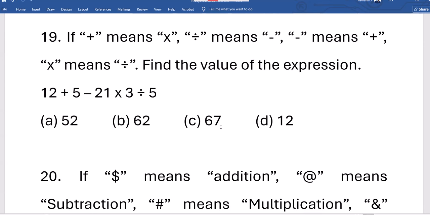Now what about this one? You have to interchange the symbols as per the suggestion, then calculate the value of that. Do the calculation.